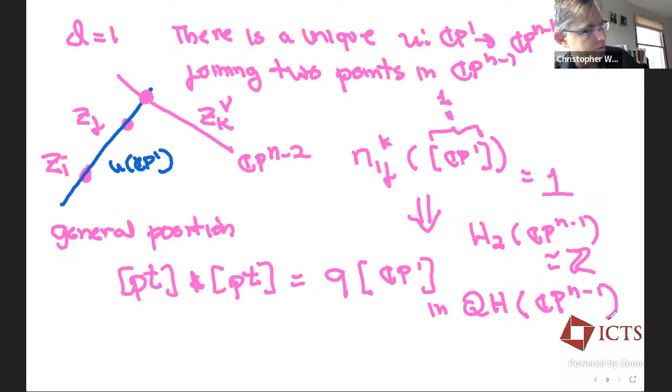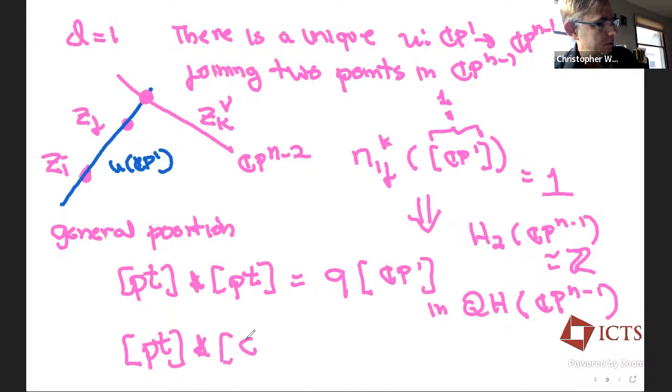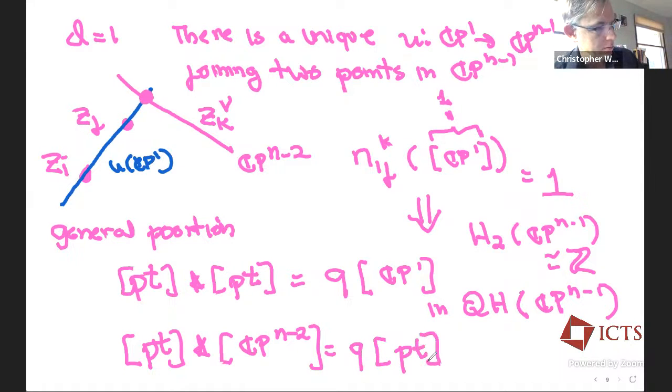Now you can also move these around. If instead of the incoming ones, I want to think of Zi and Zj, I can also take the product with the CPN minus 2. And then this will be Q times the dual of a point, which is just the fundamental class, and that acts as the unit here.